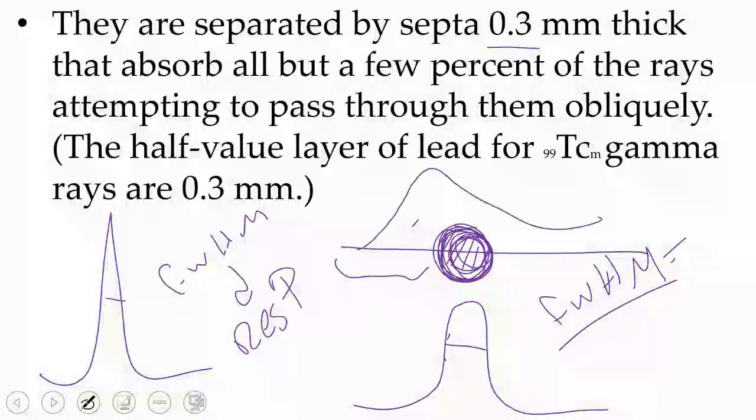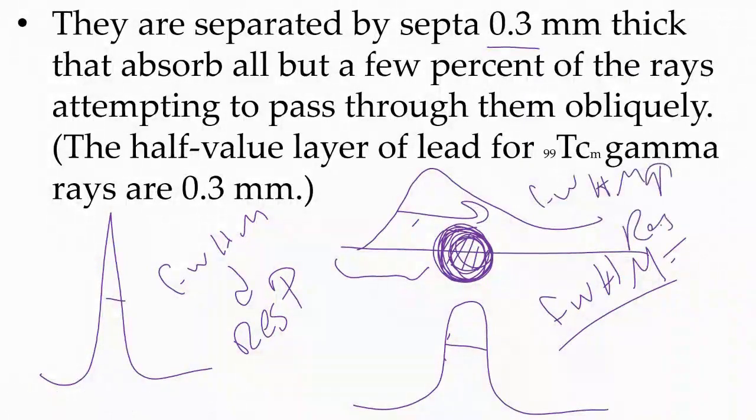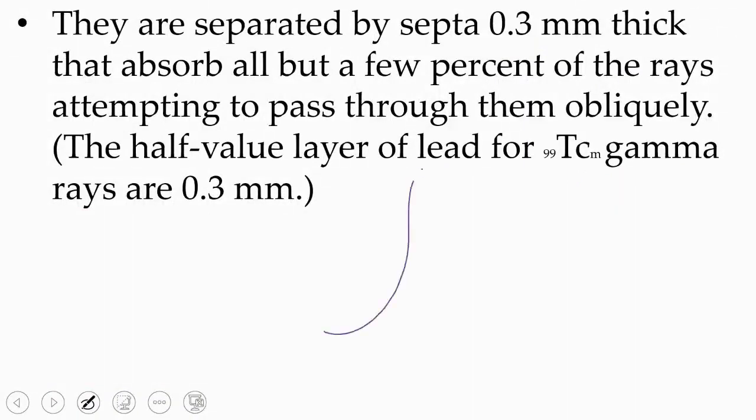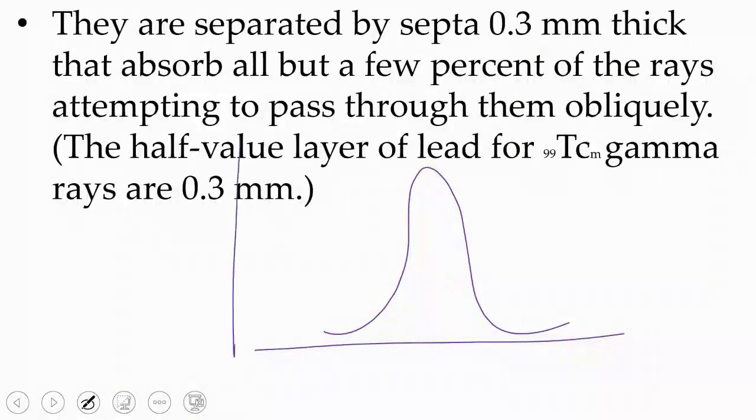But if your curve is broad like this, then the full width at half maximum is large, which means your resolution is low. Now let me show you how to calculate the full width at half maximum. I look at the highest point here, which is the peak.